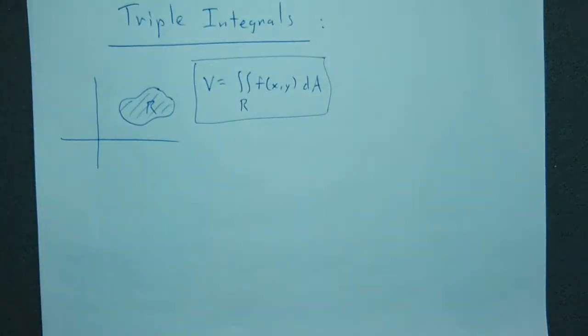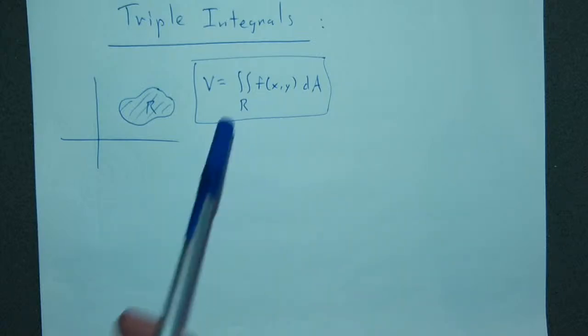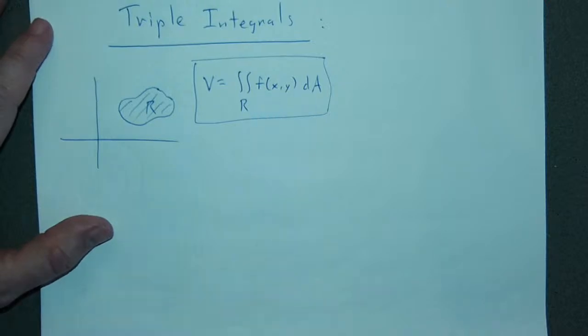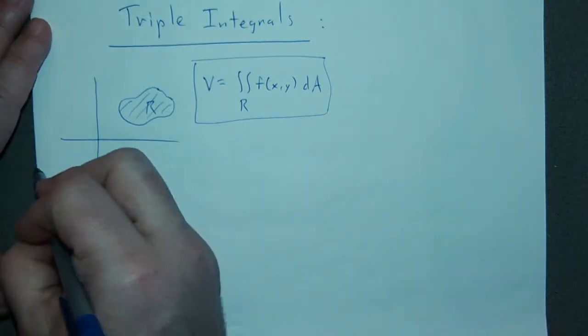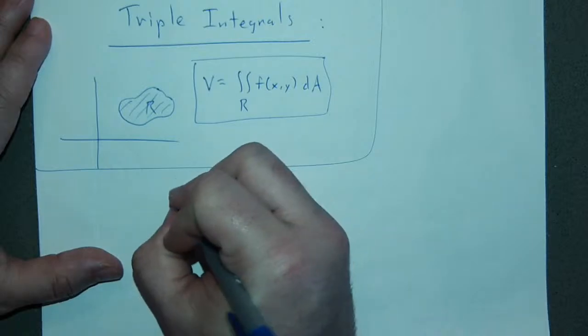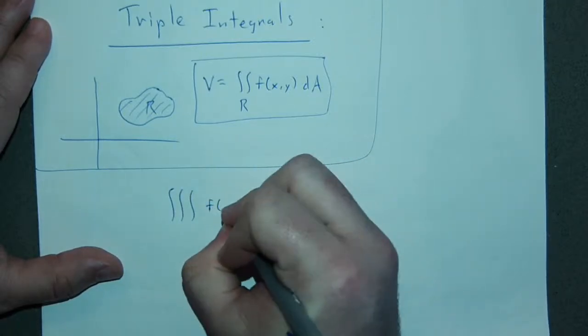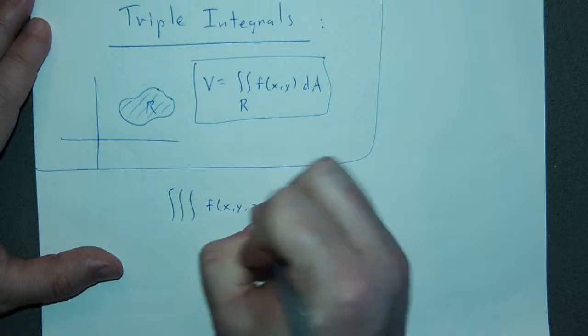So this double integral was computing a volume of some solid region in space. Of course, this region was bounded above by the graph of the function f of x, y. So I want to do the same thing for functions of three variables. So the quantity I'm trying to define here is a triple integral of some function of three variables.